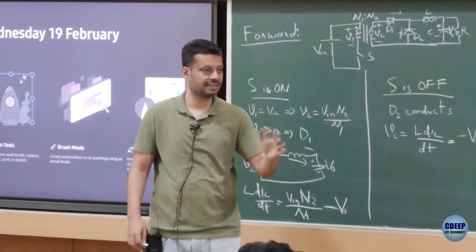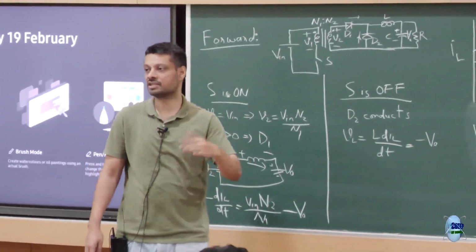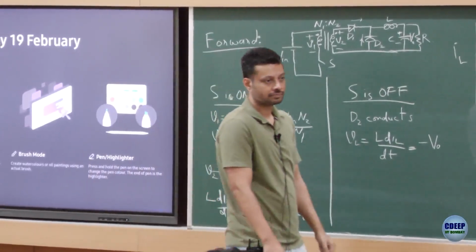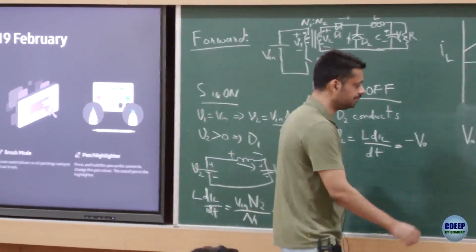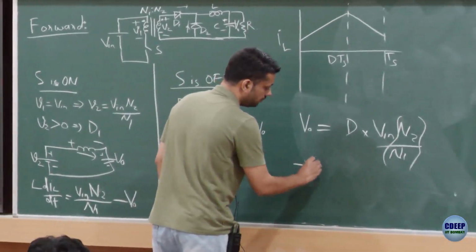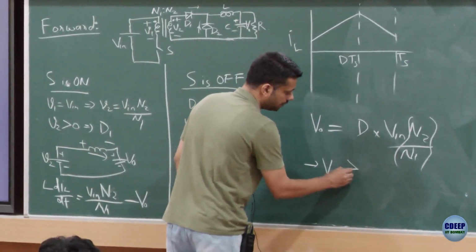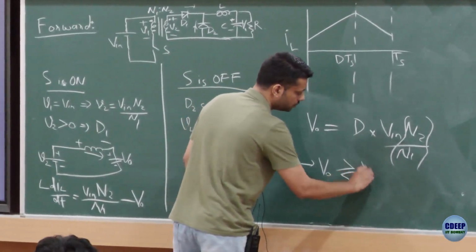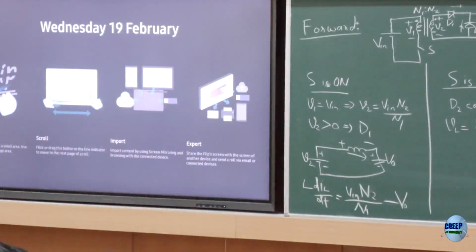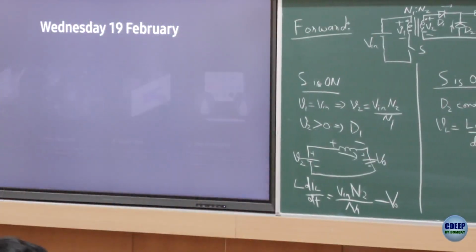Because of duty cycle there is an attenuation, and because of turns ratio there is a gain. So you can adjust the two things. VO can be greater than, equal to, or less than Vin. Any doubt so far? No doubt.